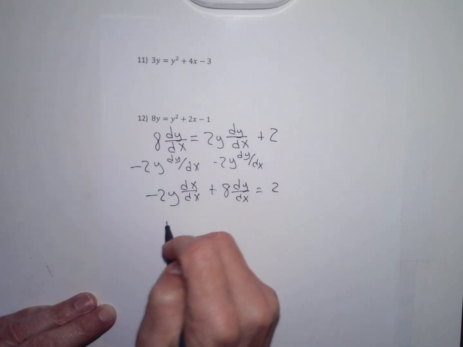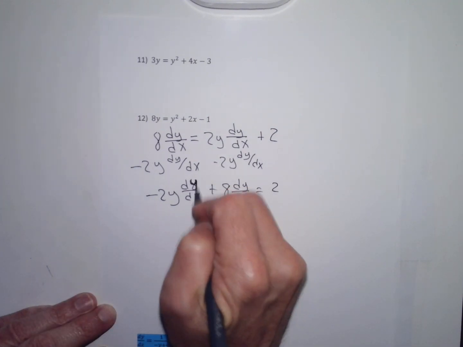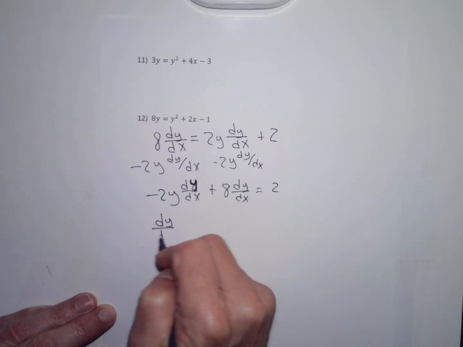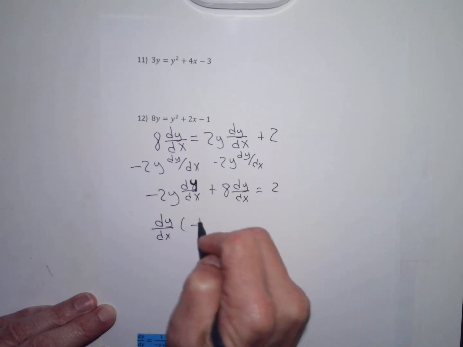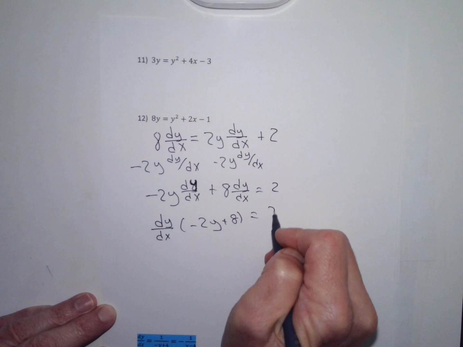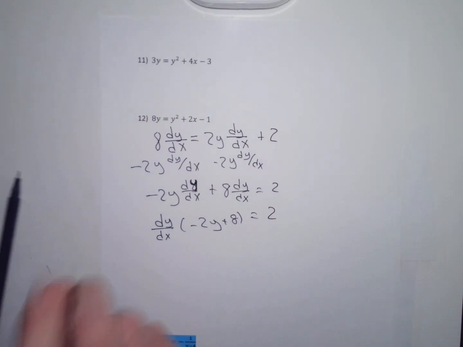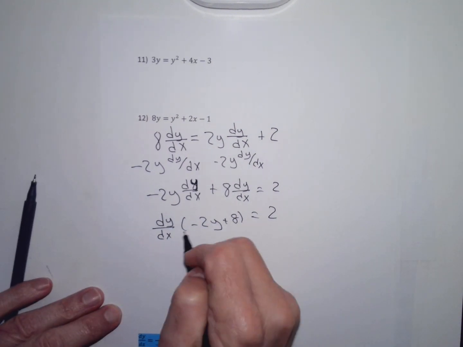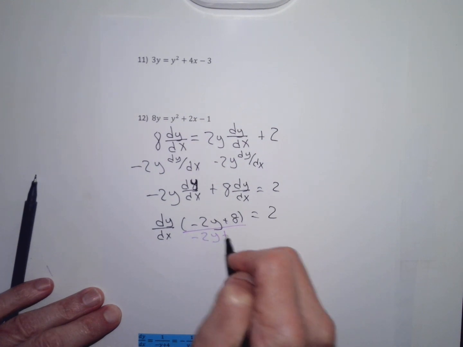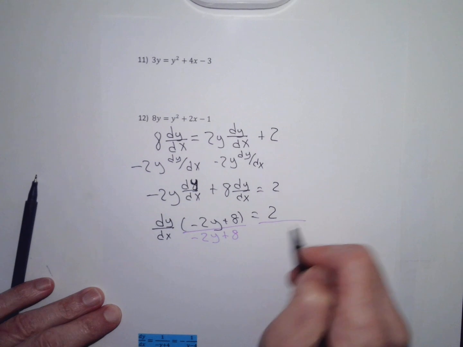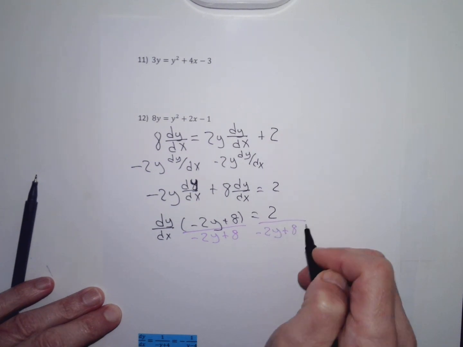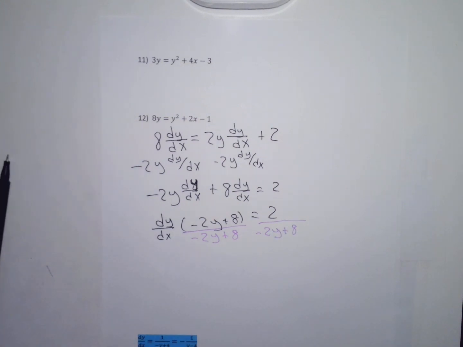Now I'm going to factor out my dy/dx and get dy/dx times negative 2y plus 8 equals 2. That common factor of 2, or potentially negative 2, is actually going to cause this fraction to be reducible.